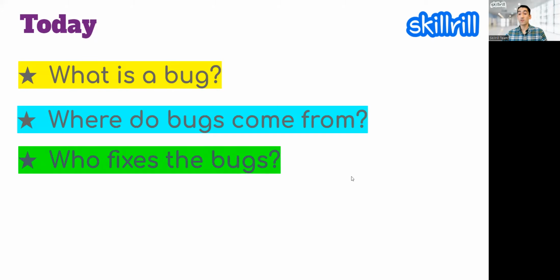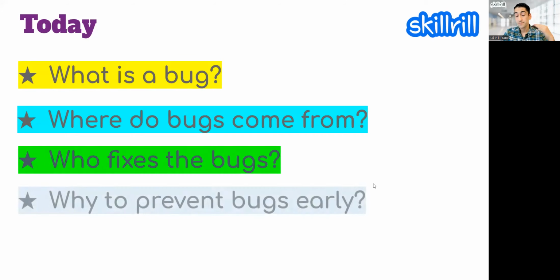Who fixes the bugs? Which role in the organization, in the IT team, will fix the bugs and who will not fix the bugs, right? We need to have this clear distinction so that we understand which party or which team is responsible for which part of the software development process.